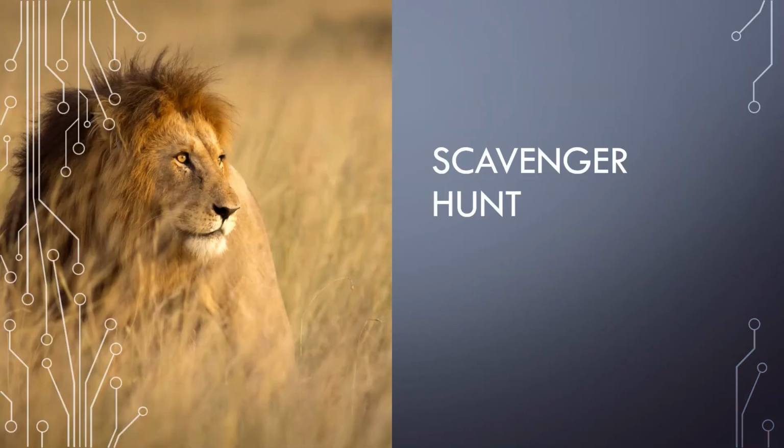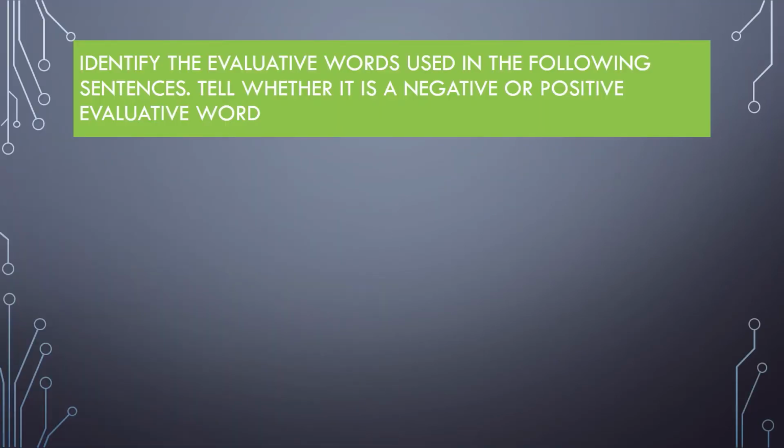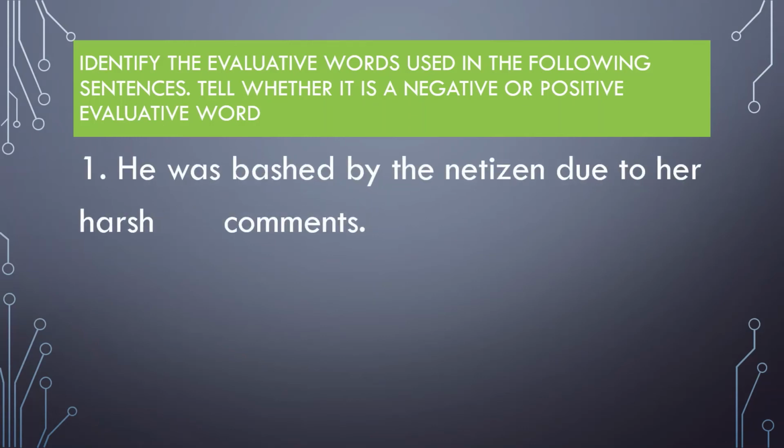This time, let's do a scavenger hunt. You will identify the evaluative words used in the following sentences. Then, tell whether it is a negative or positive evaluative word. Number 1. He was bashed by the netizen due to her harsh comments. You're right. The answer is harsh.